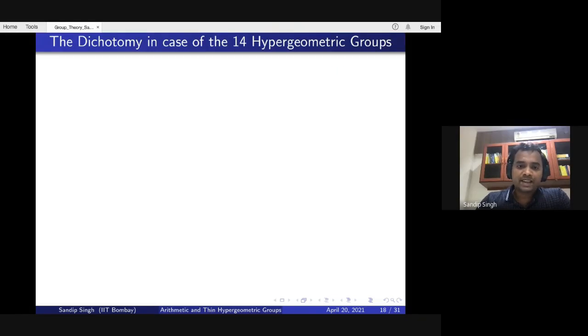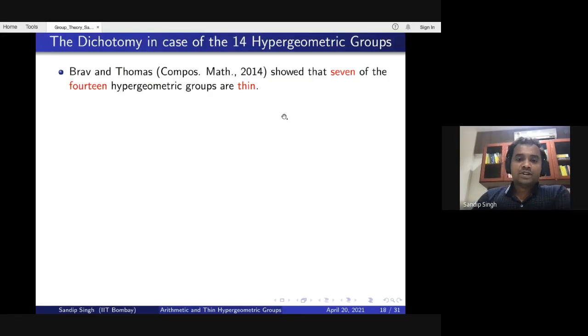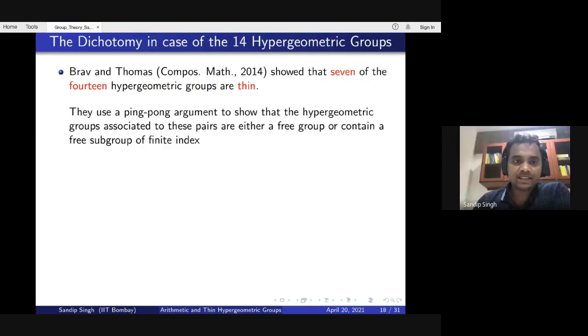Actually, for those 14 groups, people started thinking about this arithmeticity question just to study these 14 groups only, for which f is (x minus 1) to the power 4 and g was as described here. So first, Brav and Thomas showed that 7 of these 14 hypergeometric groups are thin.